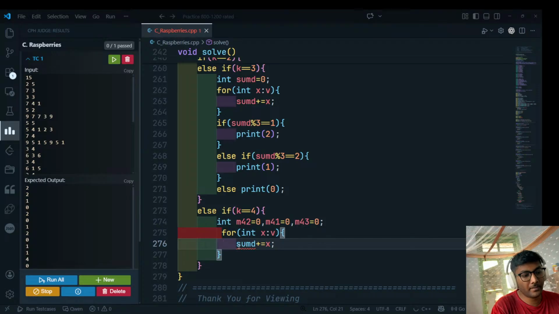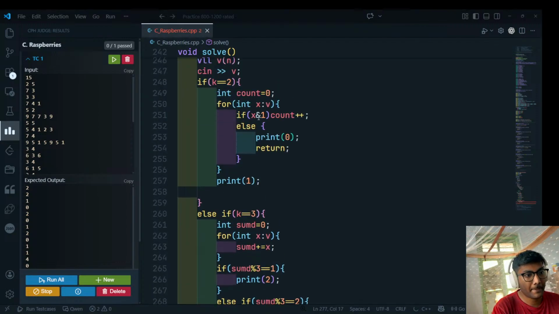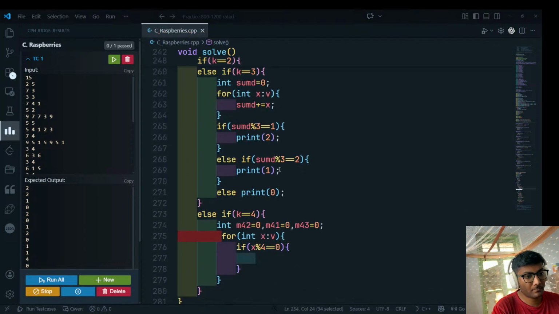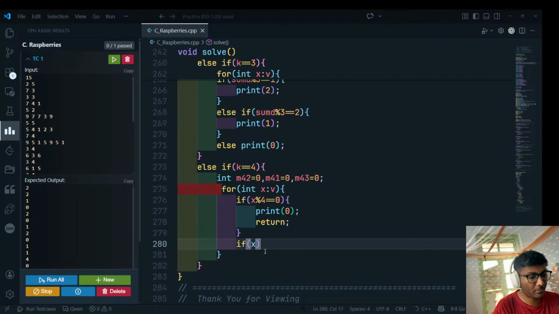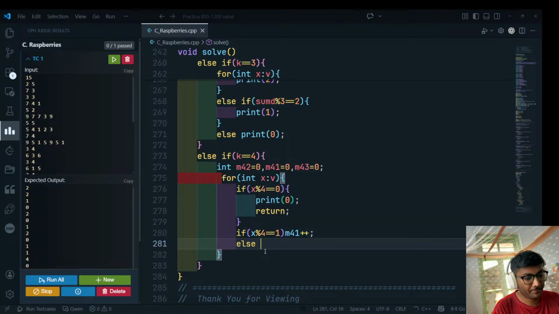Now, so basically if I do that, if x mod 4 is 0, then I just print 0 and return, right? If x mod 4 is 1, then m4 1 plus plus. Else if x mod 4 is 2, then m4 2 plus plus.